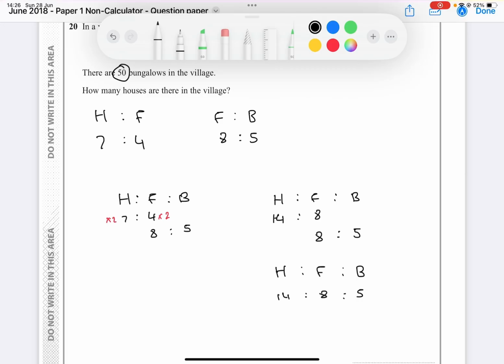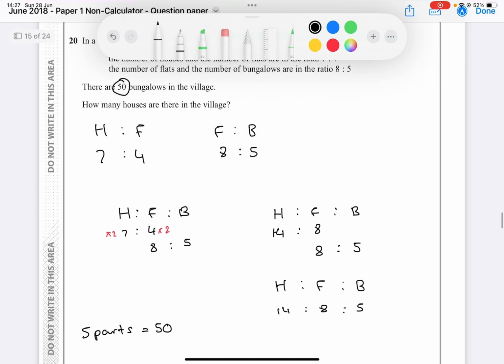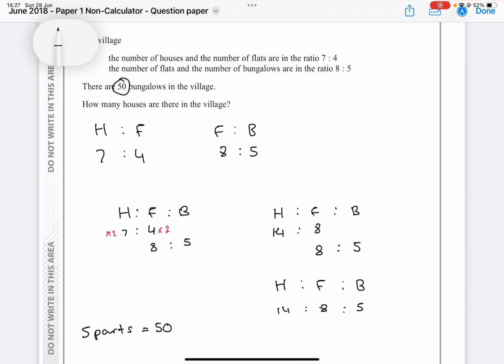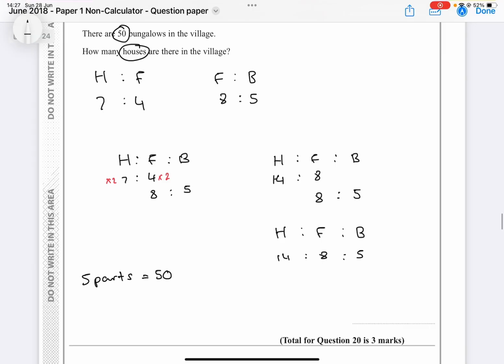So I can say that 5 parts equals 50, because the ratio for bungalows is 5, and that 5 is equal to 50. We want to work out how many houses there are. Well, houses is 14 parts, so I could probably just go from 5 to 14, but maybe have to multiply by some decimal or something, and it's a non-calculator paper, so there's no point doing that.